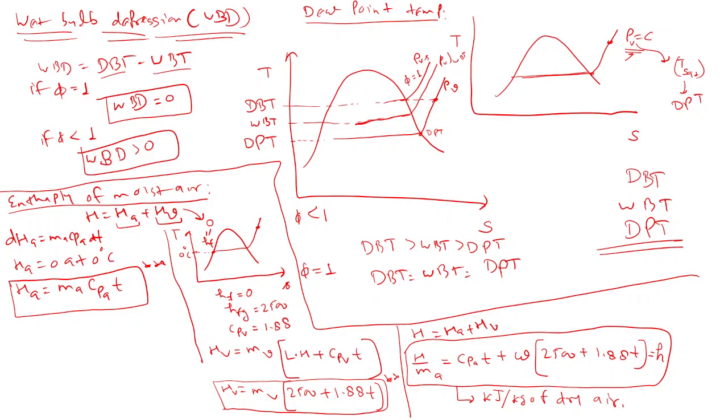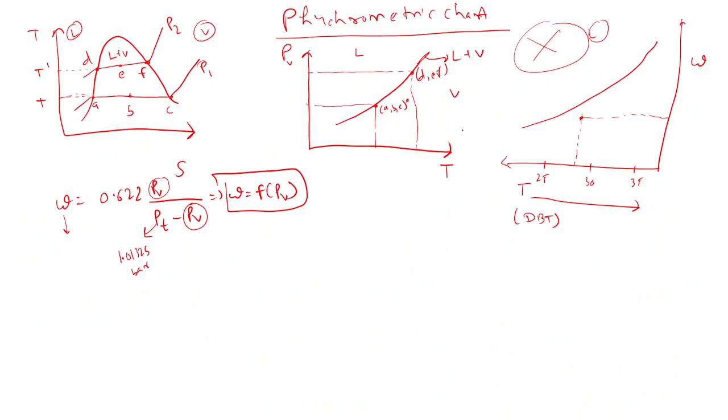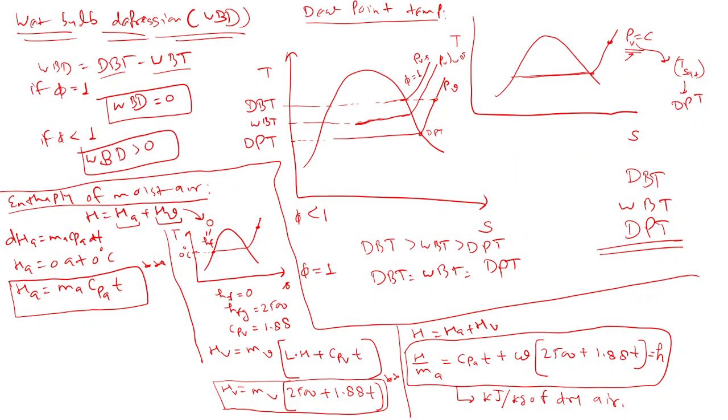At the given temperature, when relative humidity becomes 1, we keep giving more water, and when the maximum amount of water is there, its vapor pressure will increase and come to this place. Whatever the pressure is here, that is our saturation pressure at that given dry bulb temperature. Is it clear?